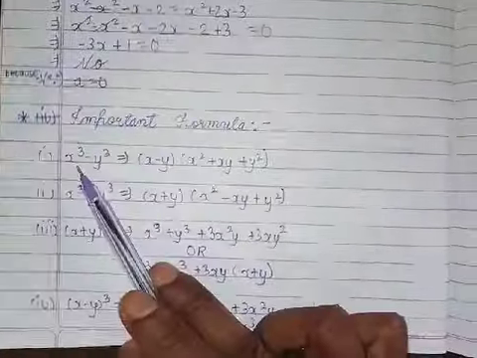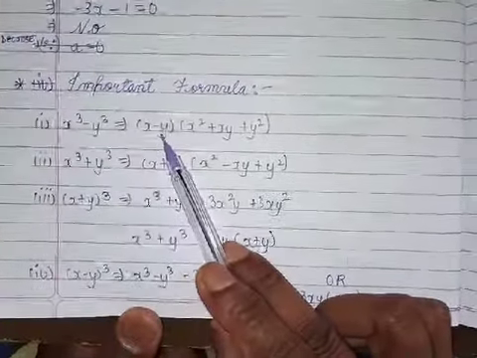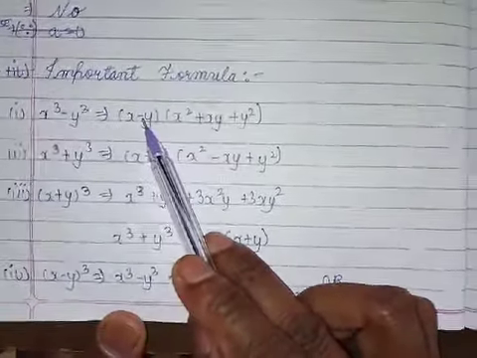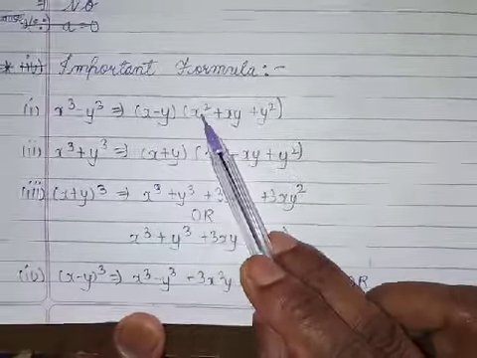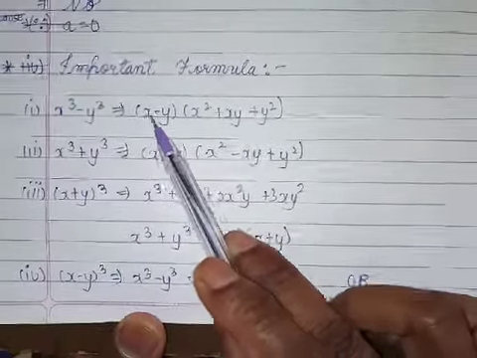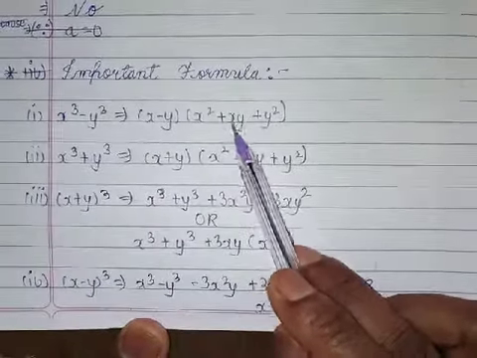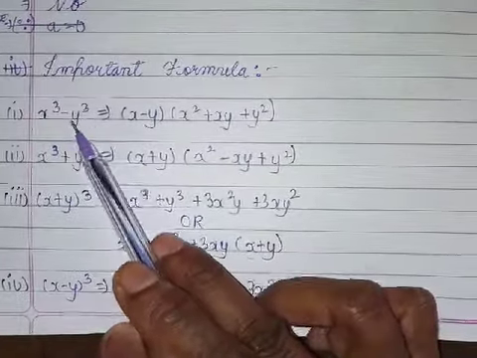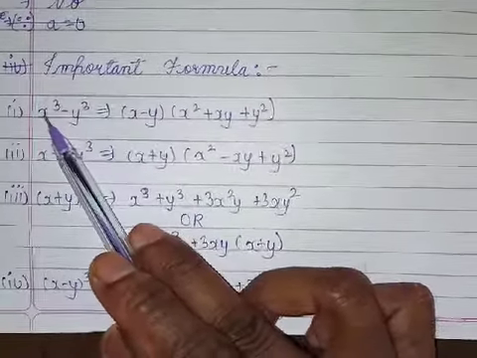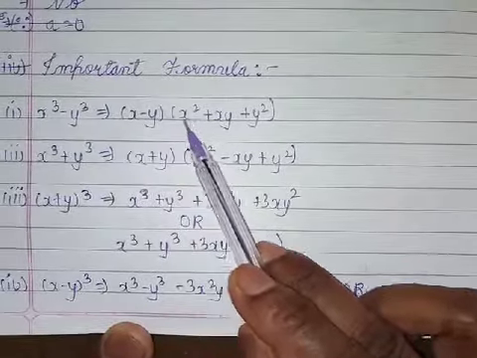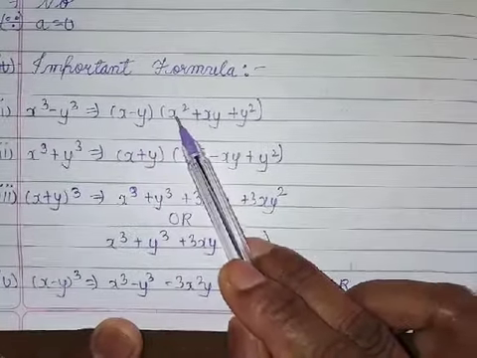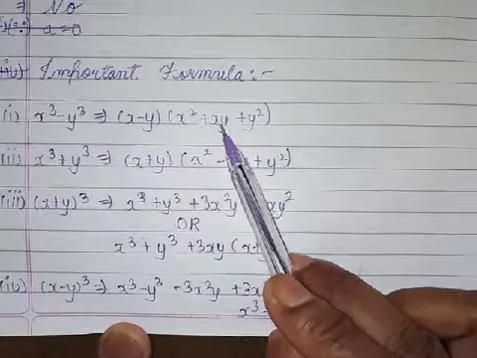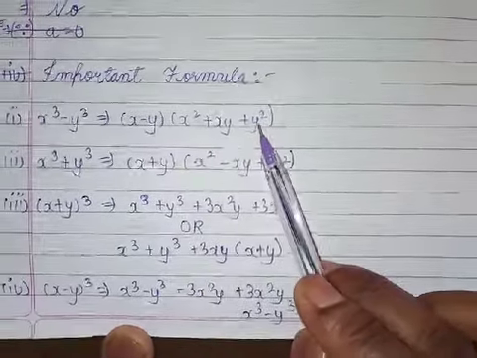x cube minus y cube is equal to what? It is x minus y, the same bracket, times: square of the first term, opposite sign, multiplication of first term and second term, plus second term square. Again, x cube minus y cube is the bracket x minus y, then the other bracket: square of the first term, opposite sign, product of first and second term, plus second term square.